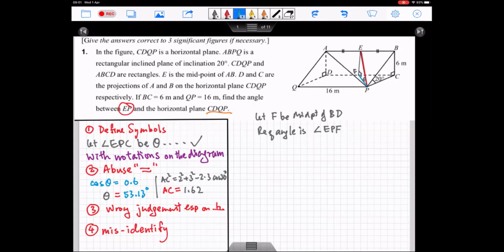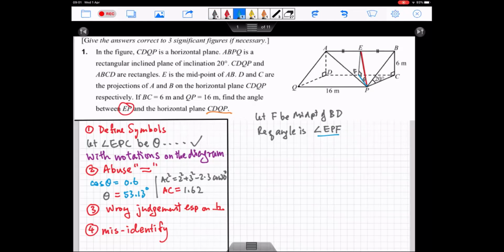The angle between the line and the plane is the angle between the line and its own projection on the plane. The line EP will cast a shadow FP on the ground level, and point F is the midpoint of BD. So the required angle will be this one. Sometimes this will already give you 1 mark. If it is a difficult question, identifying the correct angle will already give you 1 mark without any calculation.